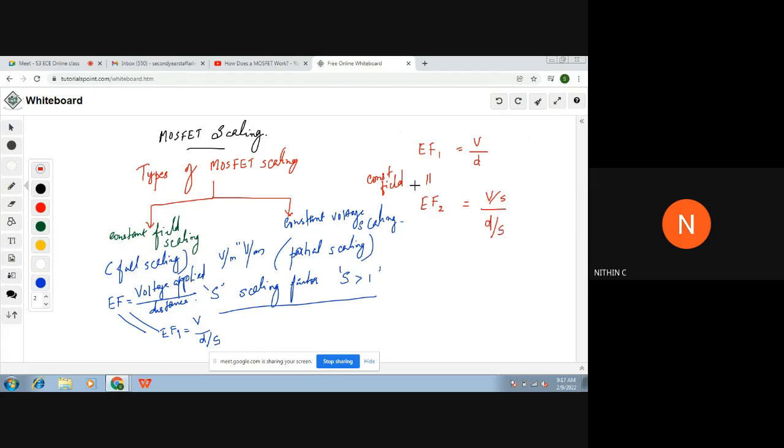That is what we need; we need the electric field to be constant. We could scale down, and at the same time we got the electric field the same. Is the concept clear? Okay? Okay, fine.